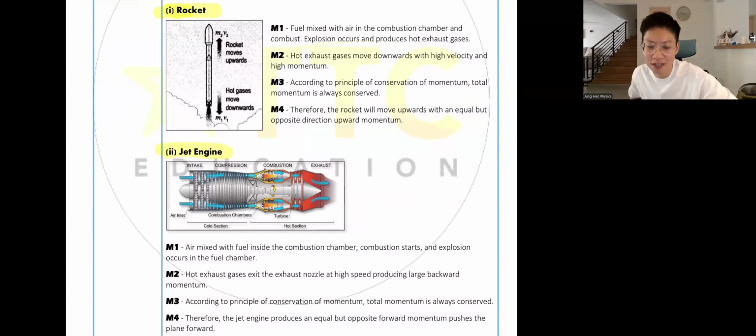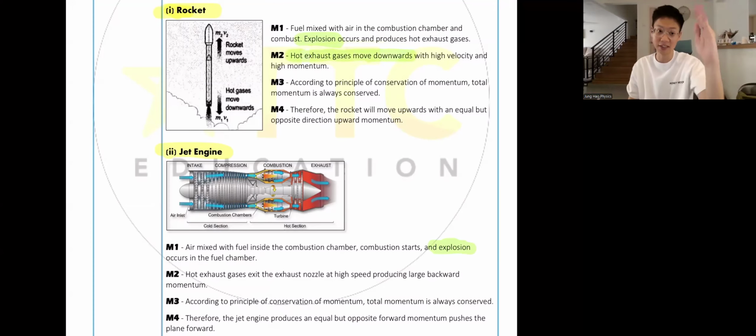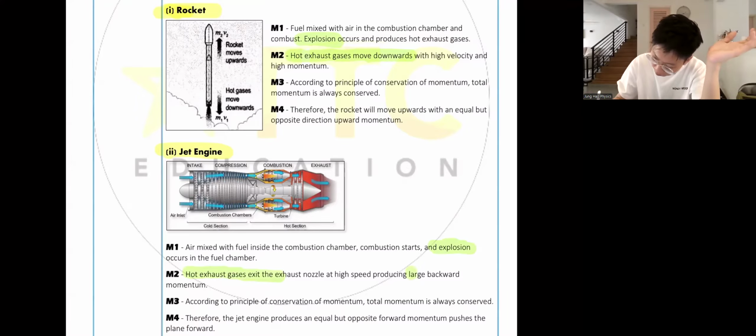Almost the same, right? Because the first part is we always need to mention that there will be an explosion occurring. We have to talk about, if it's a rocket, the thing goes down, correct? So the exhaust gas goes downwards. If it's a jet engine, then your hot exhaust gas goes backward.